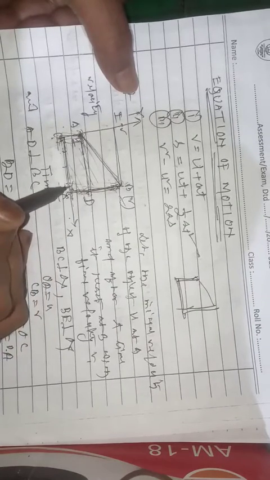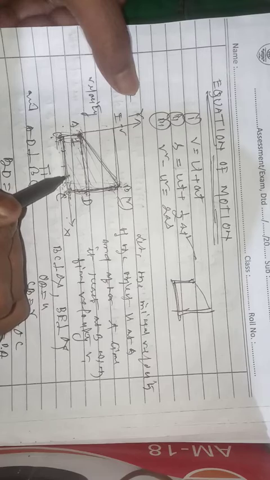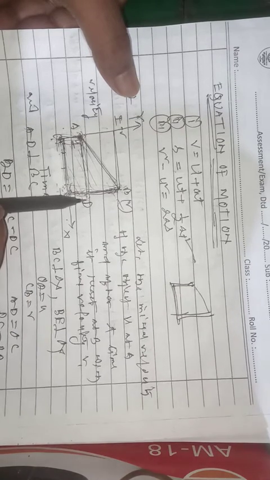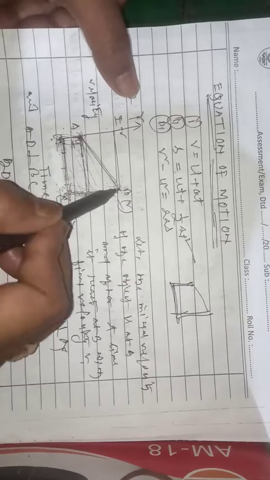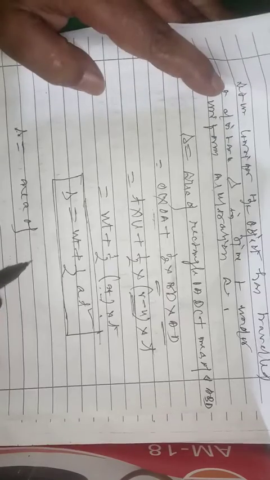So the formula for area of trapezium is half into sum of the parallel sides into height. So half into OA plus CB into OC.